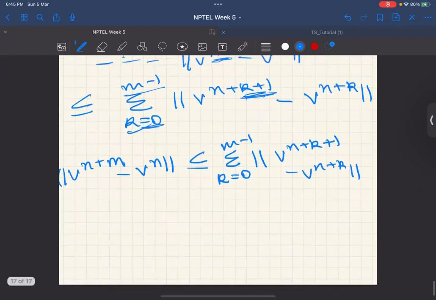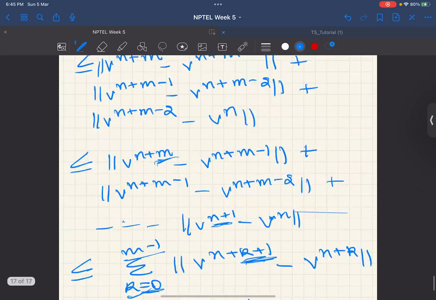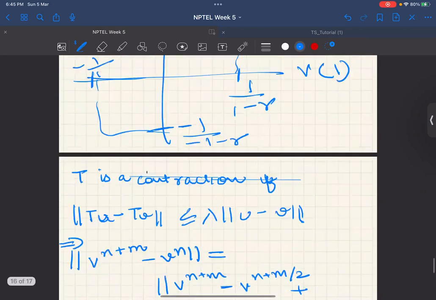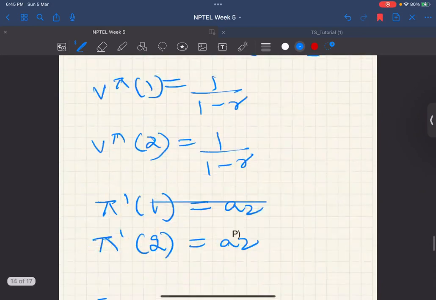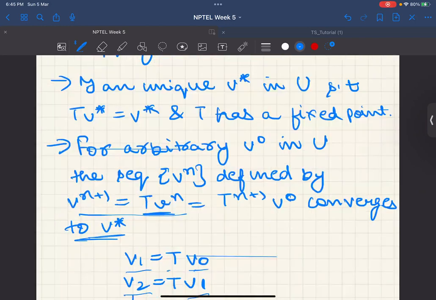Now, here we have written the definition of this fixed point: T of Vn, Vn plus 1 is equal to T of n plus 1 into V naught.